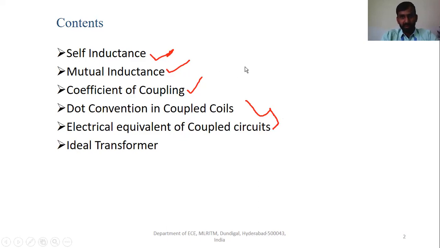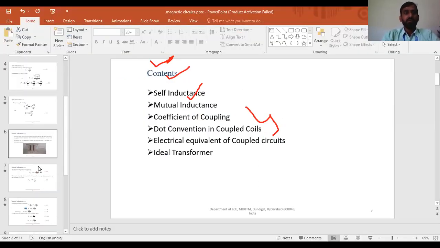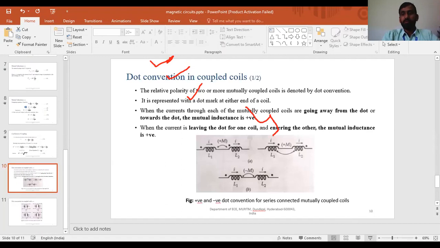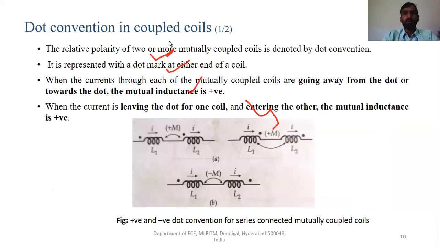So how will we define mutual induction? Mutual induction is nothing but a phenomenon when a coil gets an induced EMF across it due to the rate of change of current in the adjacent coil, in such a way that the flux of the corresponding coil gets linkage with the other coil, right?